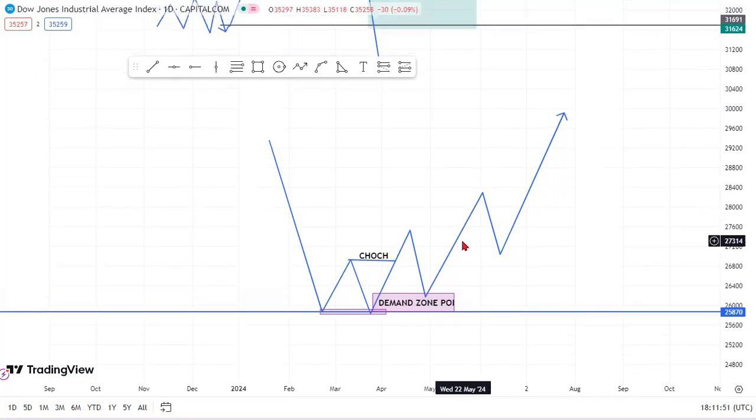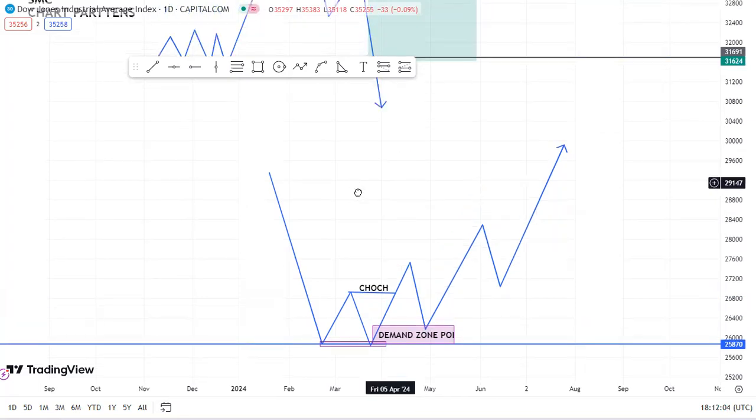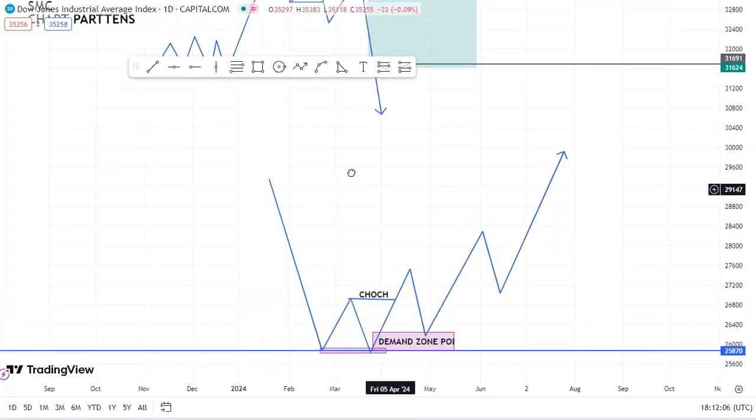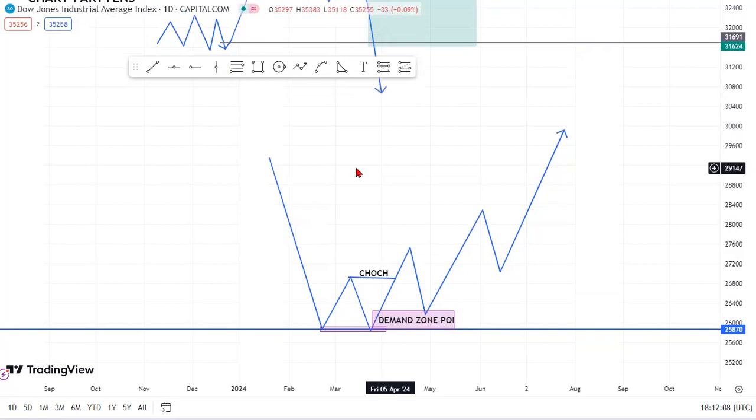So if you enter here, and you've seen a big move, you have identified this on a big time frame. Understand? So this can be your target.